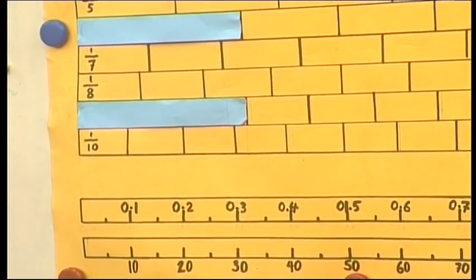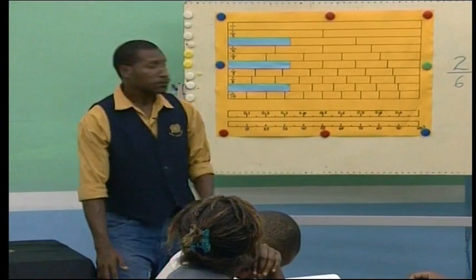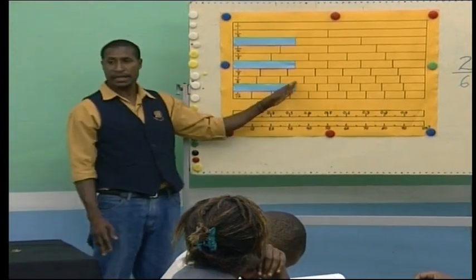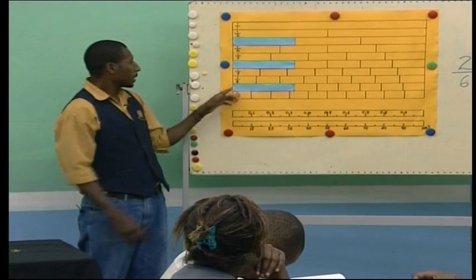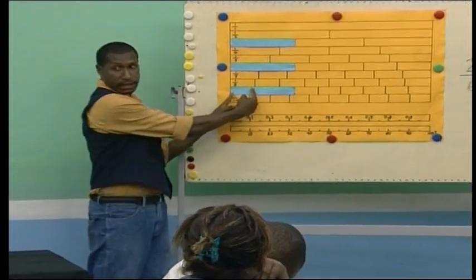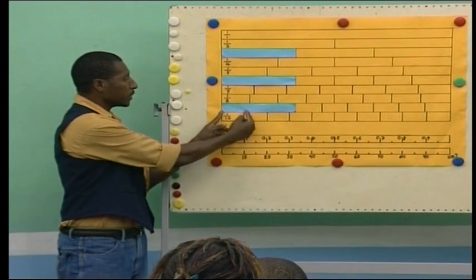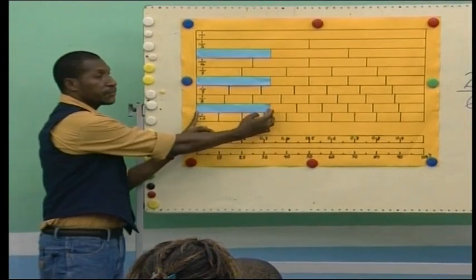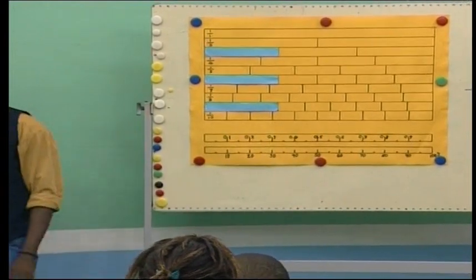Very good. So Bagley, now you know that this is 3/9 and not 1/9. 1/9 is about this length here. From here to here is 1/9. This is 3/9.